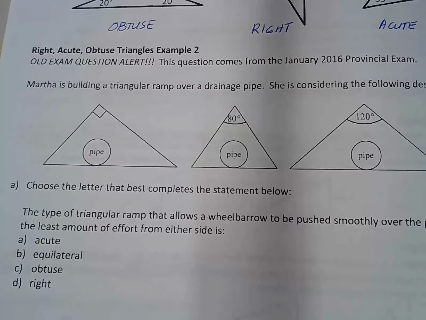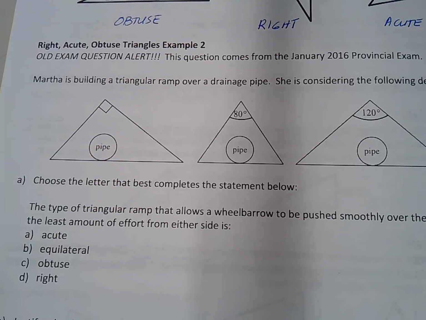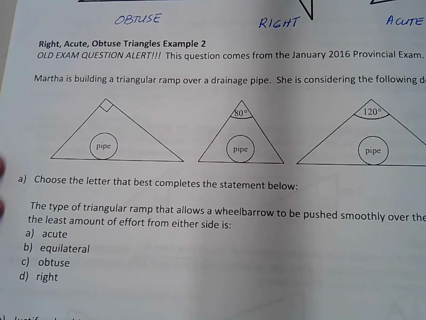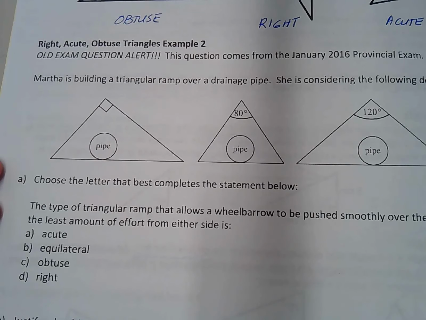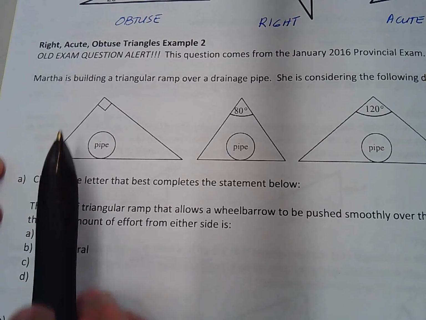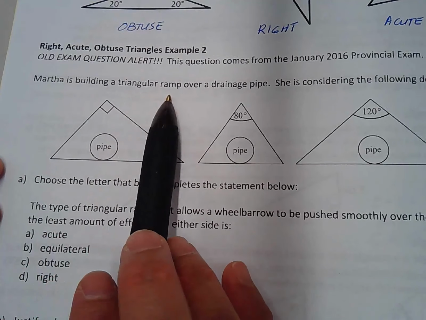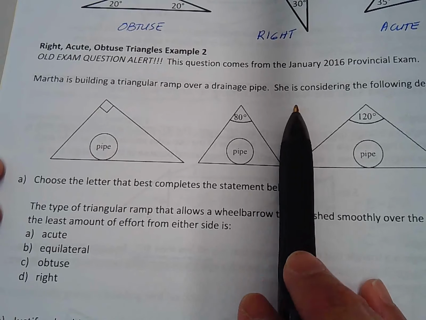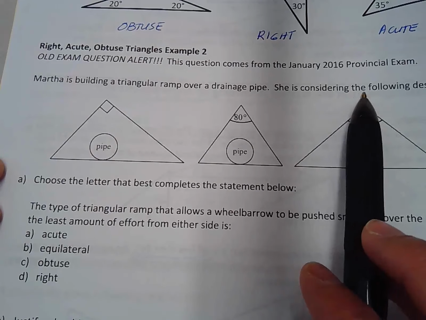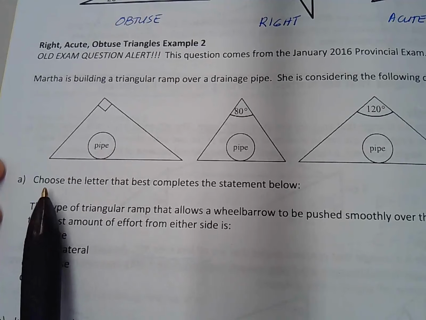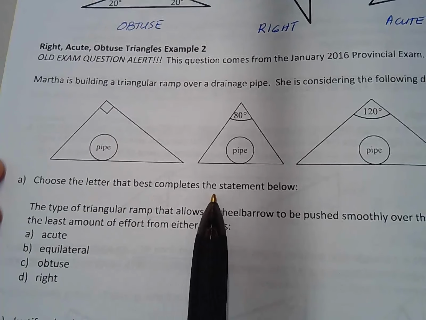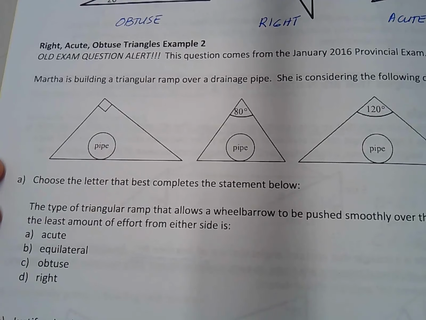Oh, they're giving us a lot of information in here, giving you a preview of what the provincial exam looks like, which is kind of nice. So it says here, Martha is building a triangular ramp over a drainage pipe. She's considering the following designs. Choose the letter that best completes the statement below.